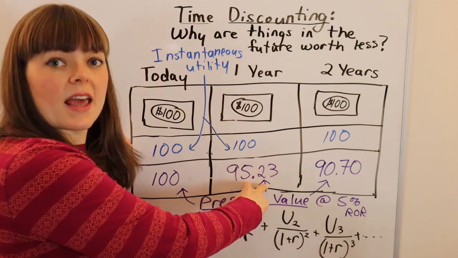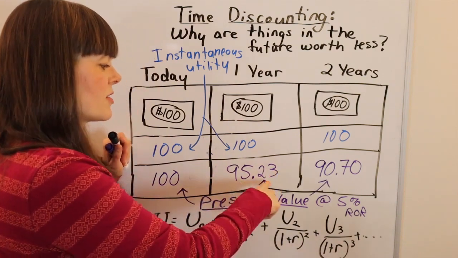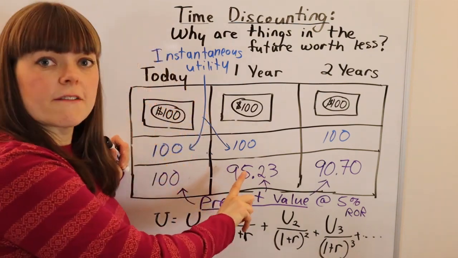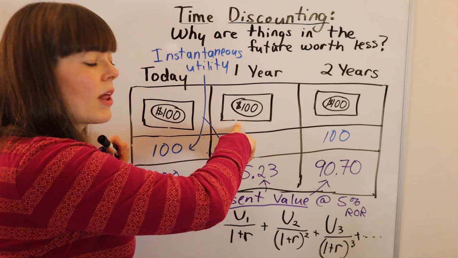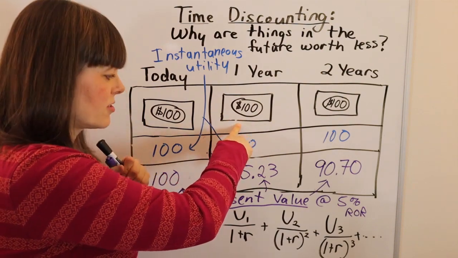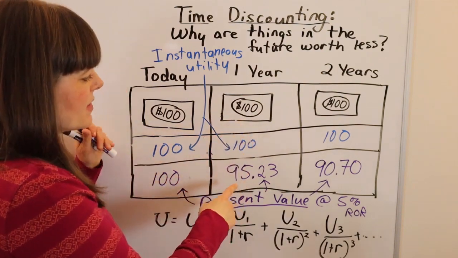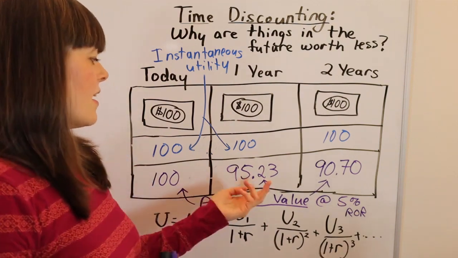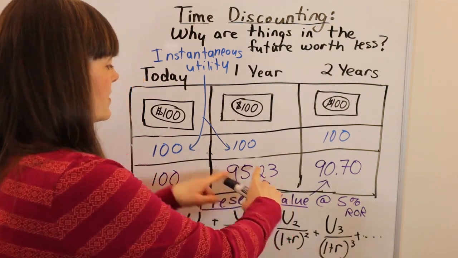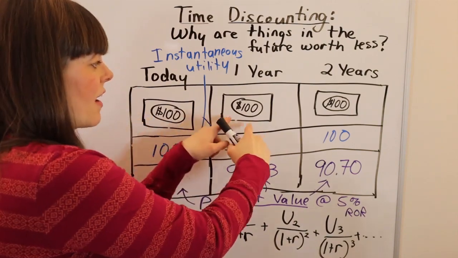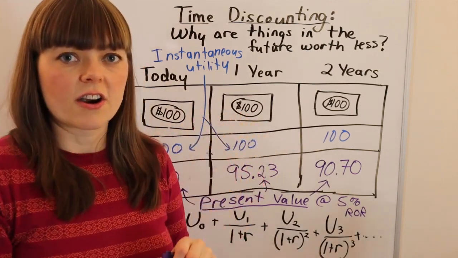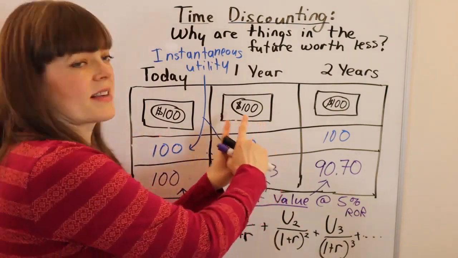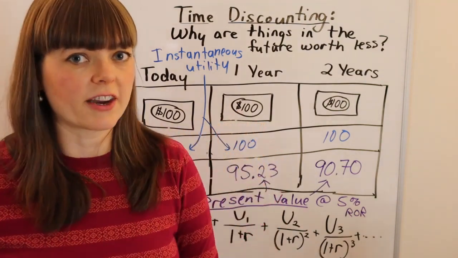And what that means is if I received $95.23 today, I could invest that money for a year and I would pull out the $100. So I should be indifferent between receiving $95.23 today and $100 in a year. If I can invest that at 5%, those are going to be the same dollar amount in 1 year.